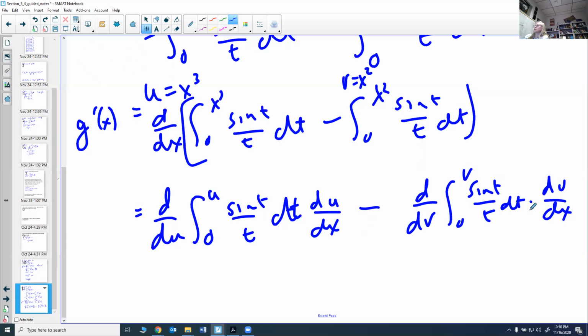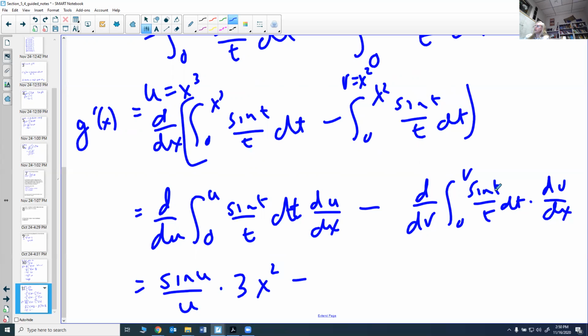We're basically using the chain rule. That's all we're really doing here. You have an inside function, which is the x cubed or x squared, and you have the outside function, which is that integral. The derivative of an integral will be the sine of u over u. The derivative of u with respect to x is 3x squared.